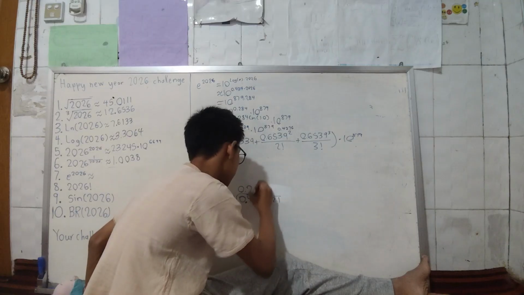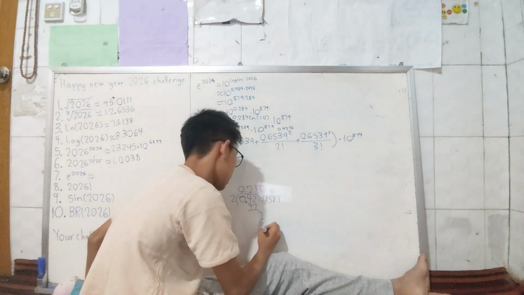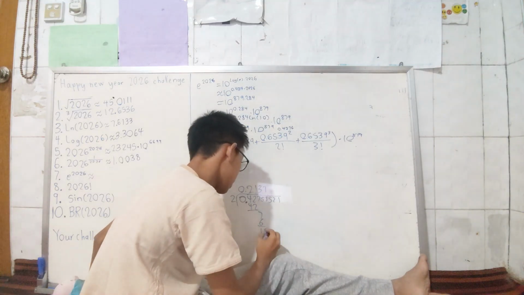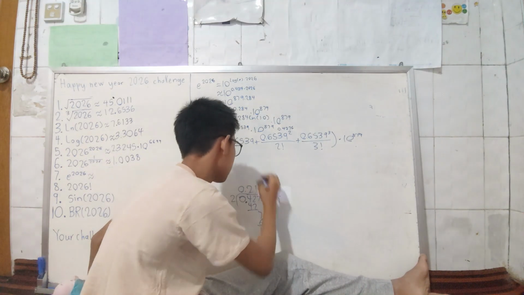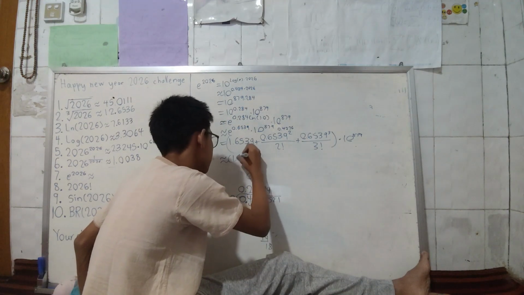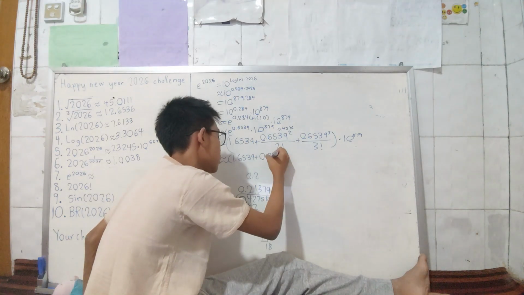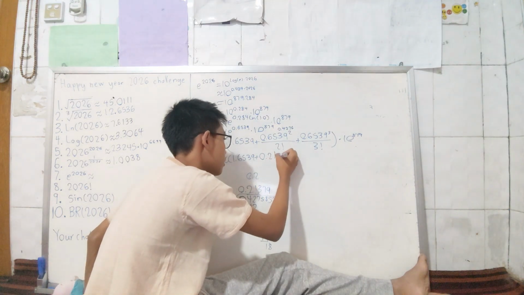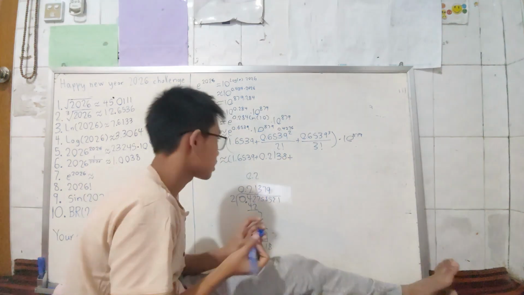So 0.214273 is 6. 15. 7 is 14. 9. So that's going to be approximately 0.2138. So 1 plus 0.6539 plus 0.2138 plus.